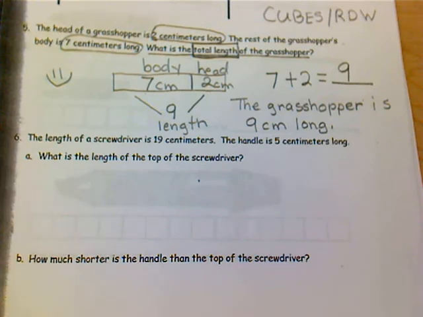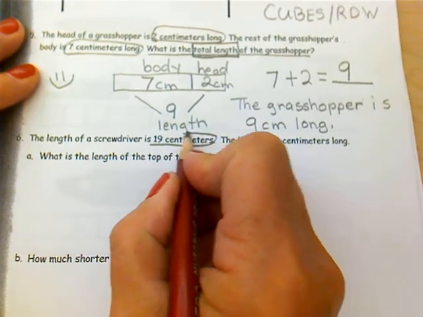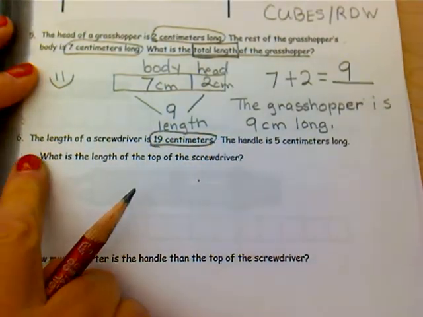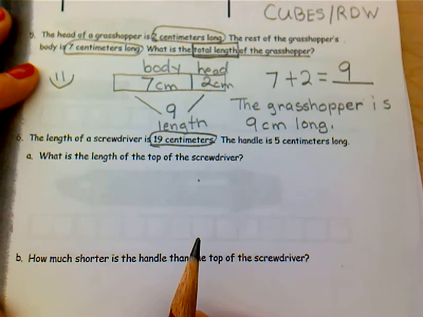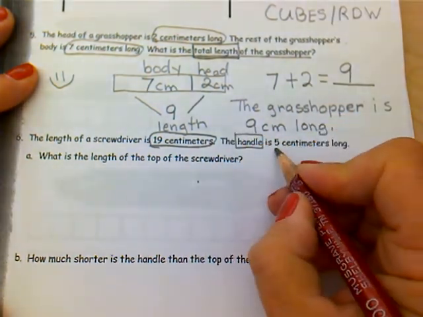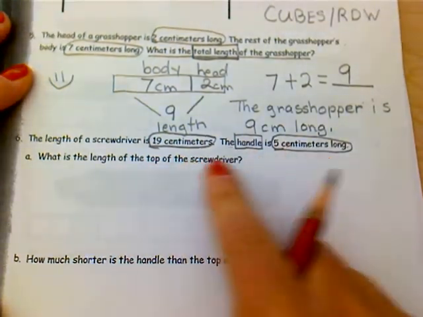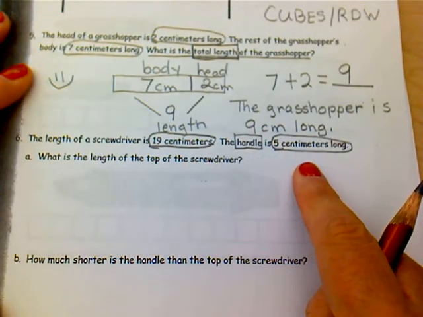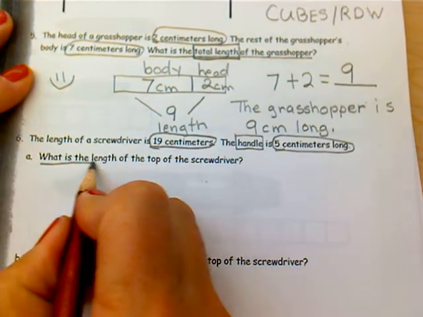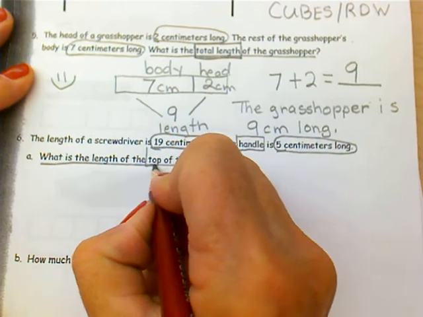Number 6 says, I have a screwdriver that is 19 centimeters. Oh, my screwdriver is 19 centimeters. The handle, that's going to be an important key word there, the handle is 5 centimeters long. So I'm using cubes, I'm circling the numbers, I'm underlining the question: what is the length of the top of the screwdriver?